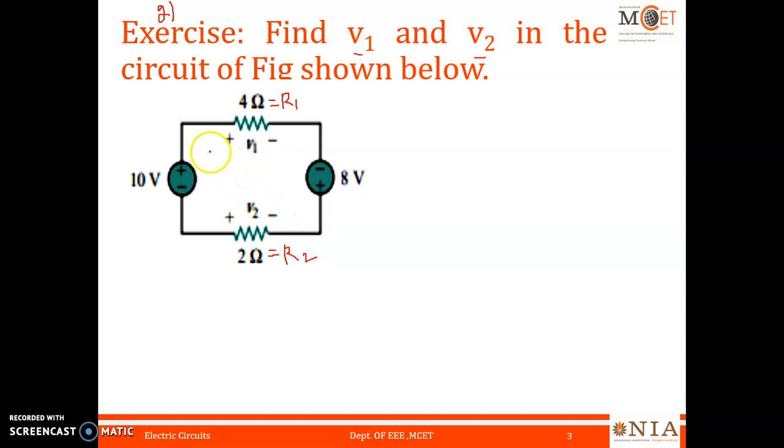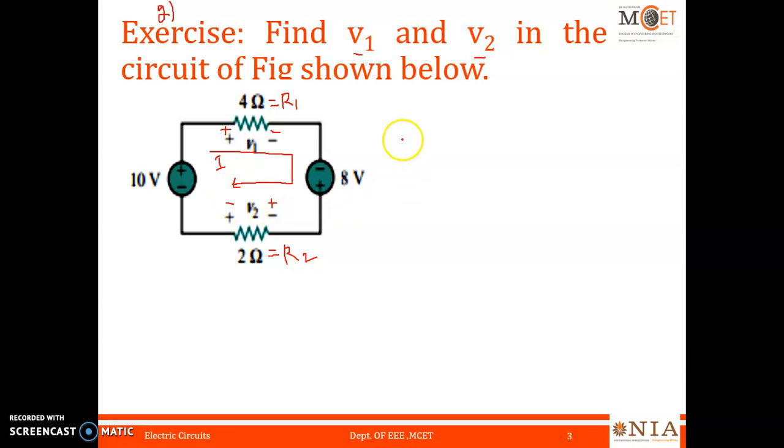Now I have to consider the current direction as clockwise, that is I. In the R1 branch, the current entering the 4 ohm resistor is positive and the current leaving is negative. Similarly, in the 2 ohm resistor branch, R2, the current entering is positive and the current leaving is negative.